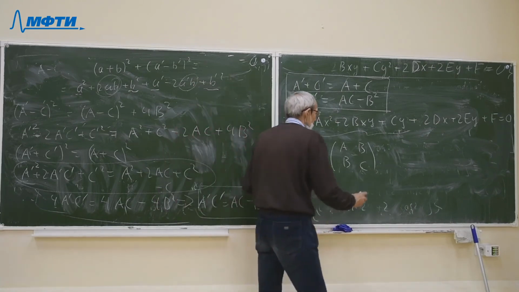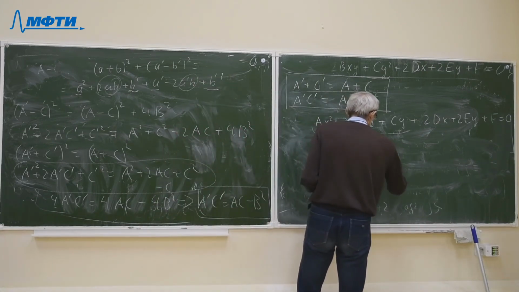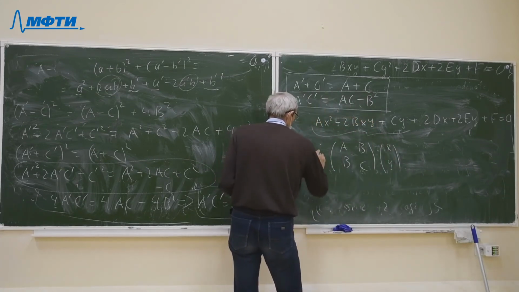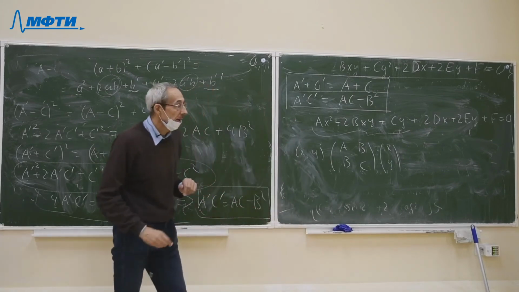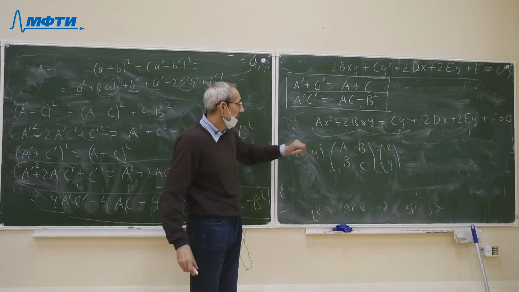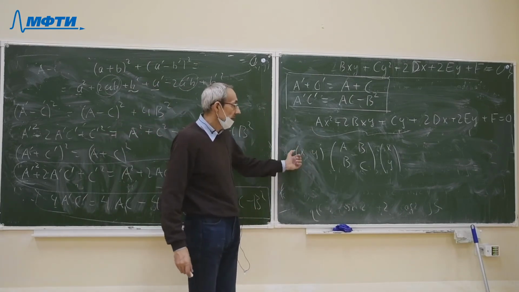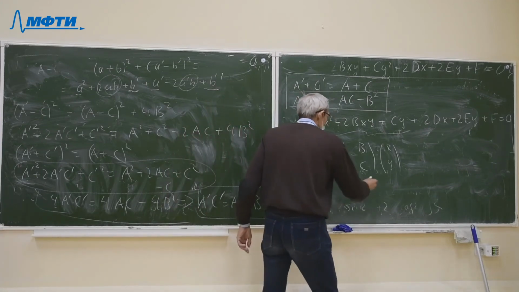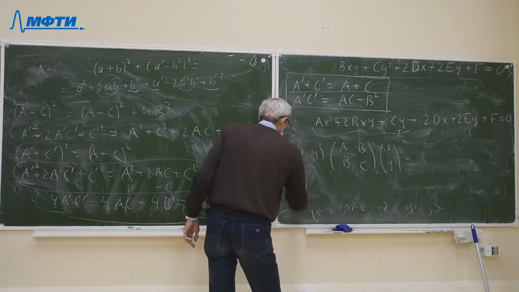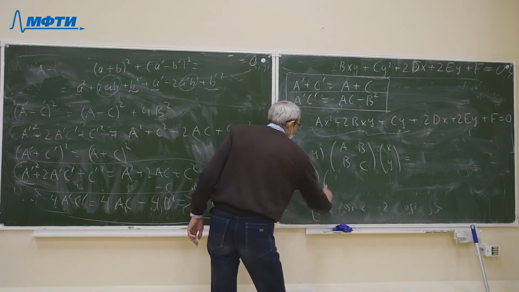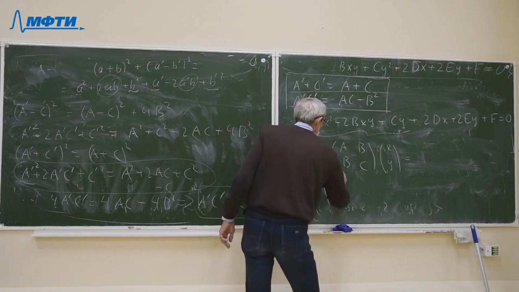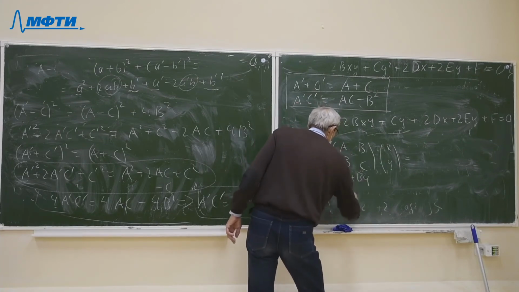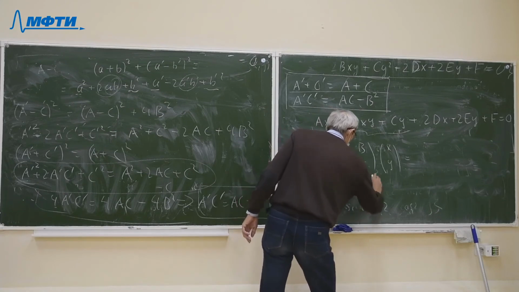And we can rewrite this equality using this matrix notation. Easy to see. You can rewrite this equality as (ax plus by, bx plus cy).